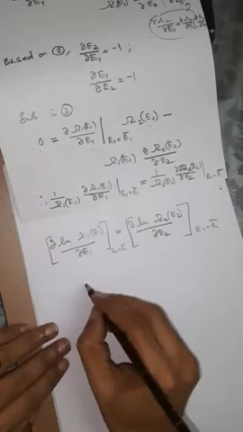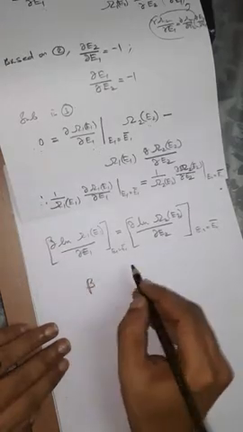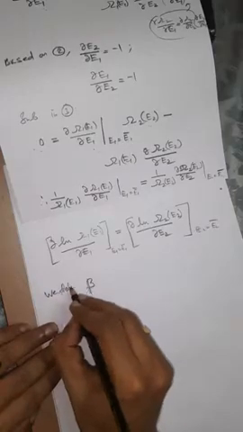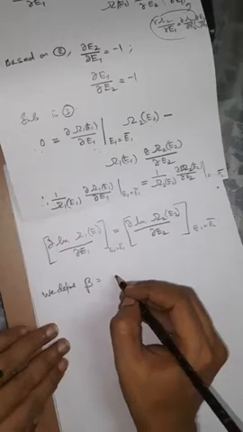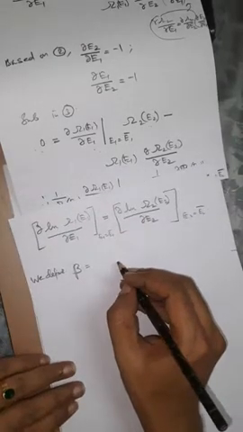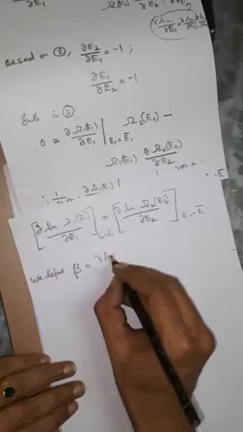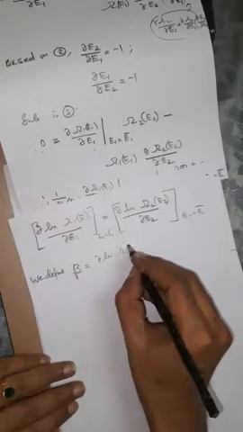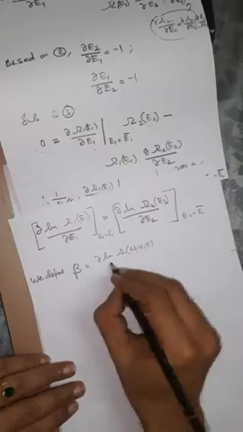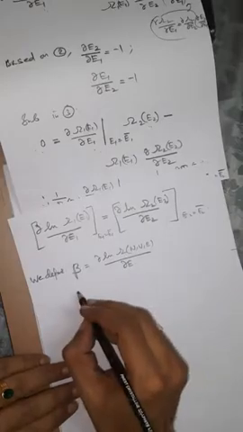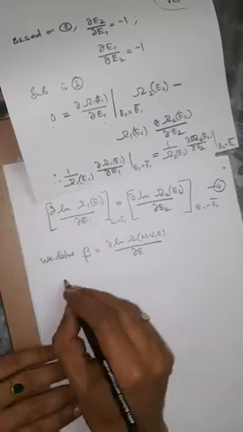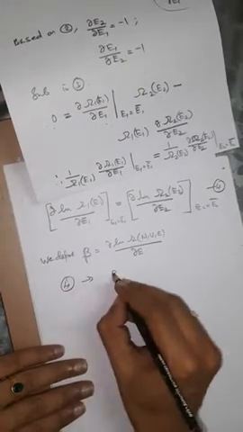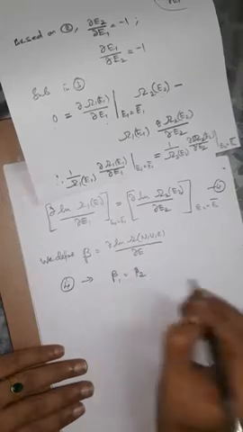Now we define a quantity beta, a new quantity which we introduce. Beta is equal to dou of ln omega NVE divided by dou E. If that is the case, I write this as equation 4. So I can write equation 4 as beta 1 is equal to beta 2.